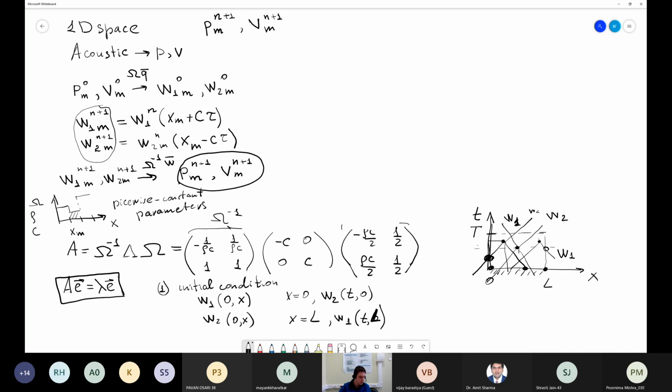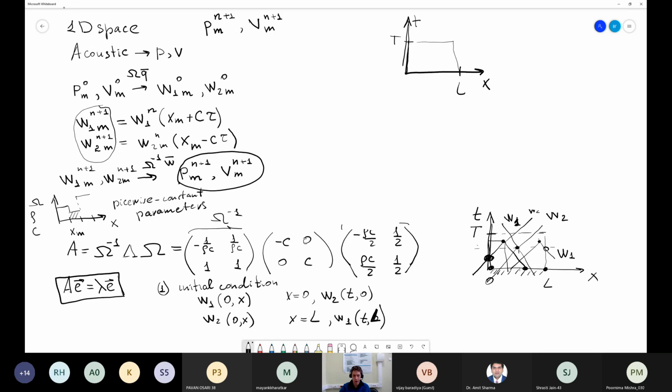Let's say that we have here the x axis, the time axis, T capital, L capital.